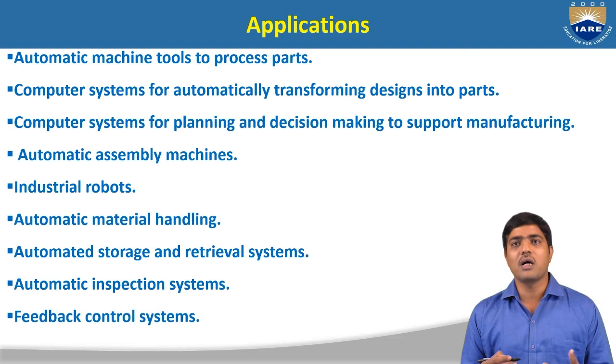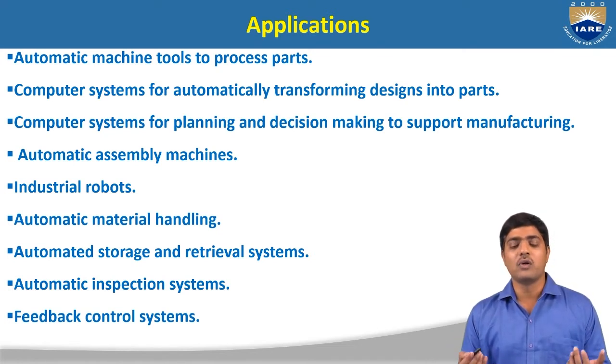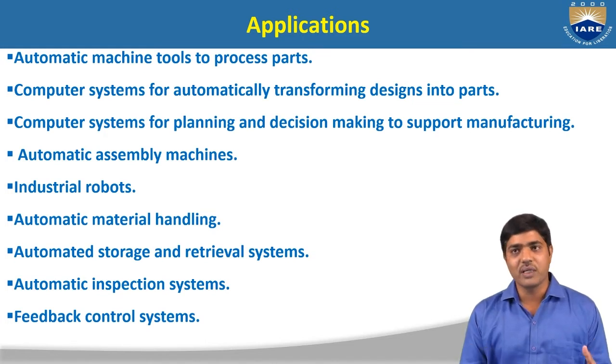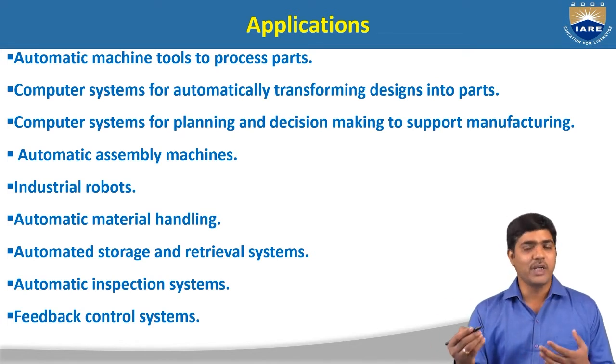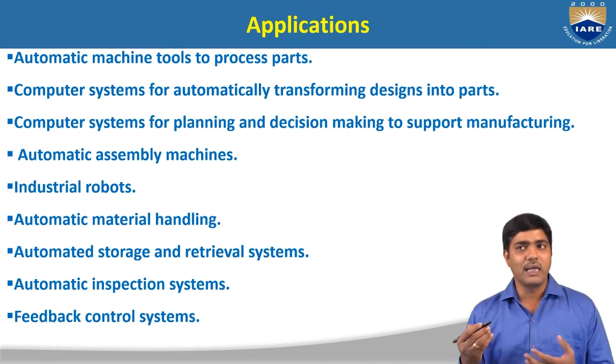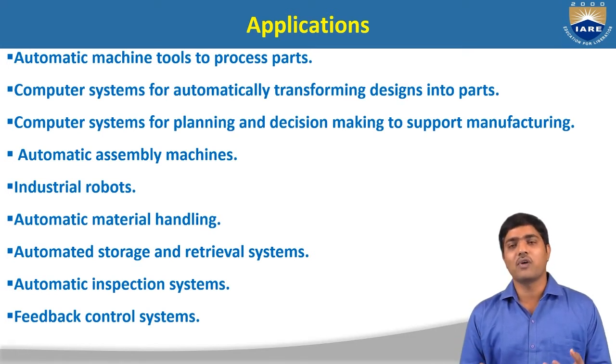And you can also use automation in computer systems for automatically transforming designs into parts. When you take CNC machines, you give the 3D drawings, and these drawings are transformed into instructions for the machines, whether lathe machines or any other machines, which then perform the task.